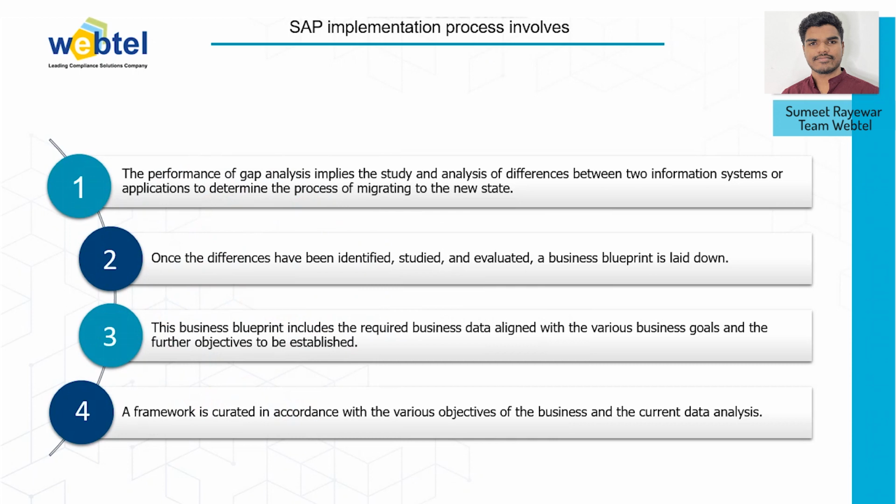Once the differences have been identified, studied and evaluated, a business blueprint is laid down. This business blueprint includes the required business data aligned with various business goals and further objectives to be established. A framework is curated in accordance with the various objectives of the business and current data analysis.